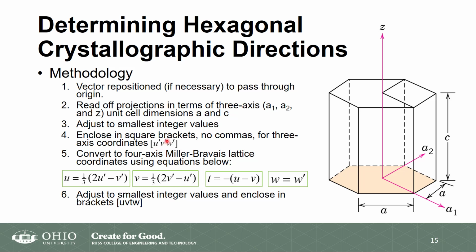Once we have those, we find our 4 axes based on these formulas, where u is based on the combination of u prime and v prime, v is based on v prime and u prime, t is based on u and v, and w is based on w prime. Once we have each of those values, we put them in square brackets, which will now have, instead of a 3-index direction, a 4-index direction. That will define our hexagonal crystallographic directions.